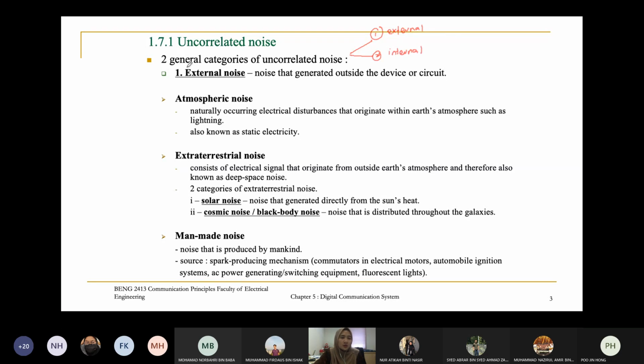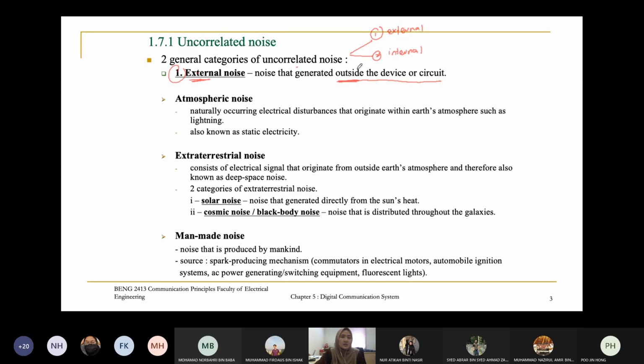Okay, so external noise is the noise that is generated outside the device. Okay, external, outside. That is the keyword. Internal noise is the noise that is generated inside the device or circuit.